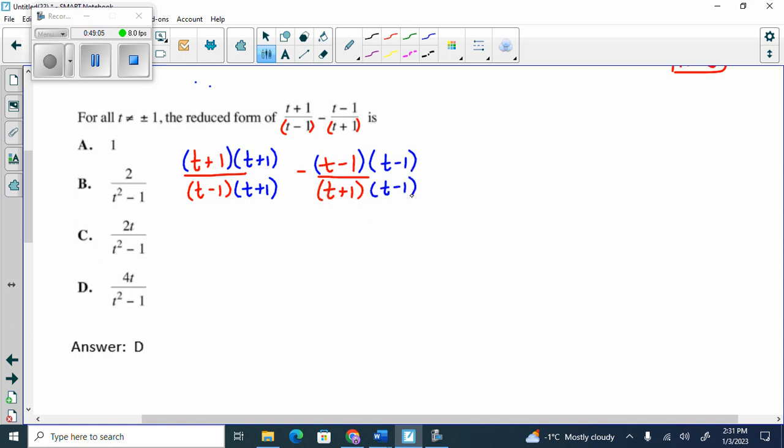So I have to FOIL the top. Remember, we don't do the bottoms. We keep the bottoms, FOIL the tops. So always just keep the bottoms. So we're going to get, and we can put them together in the end, but I just keep them apart for now.